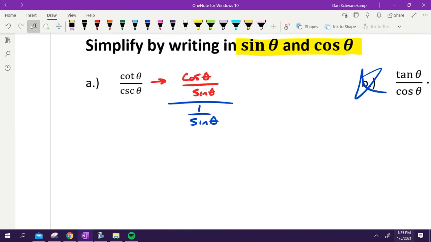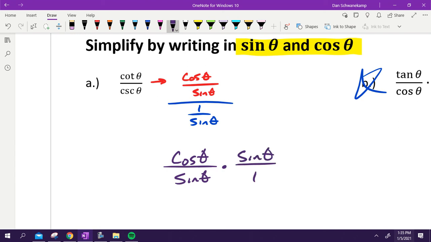Well, that's not simplified yet. We need to keep simplifying. I'm taking a fraction, I'm dividing by a fraction. What can I do if I'm dividing by a fraction? Multiply by the reciprocal. So instead of dividing by 1 over sine, I'm going to multiply by sine over 1. I am multiplying. Make a big old fraction bar because I'm just multiplying.